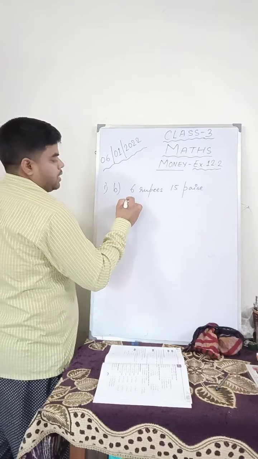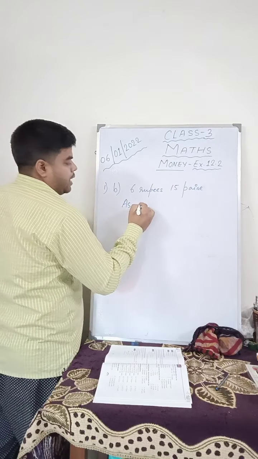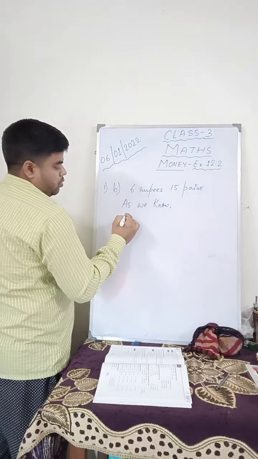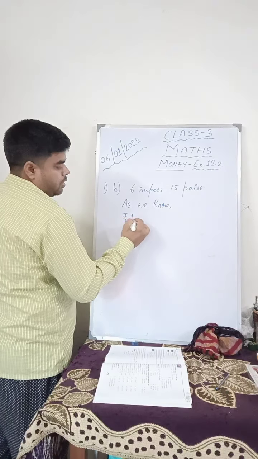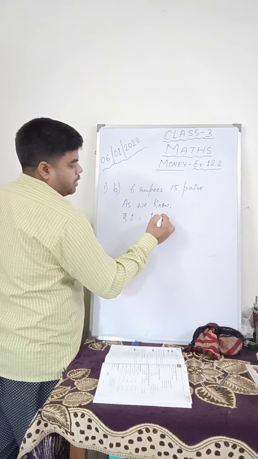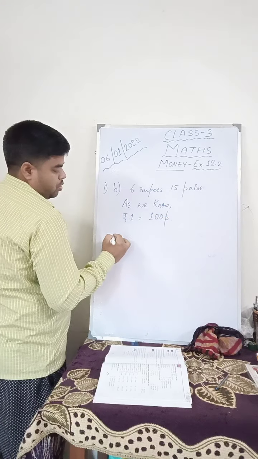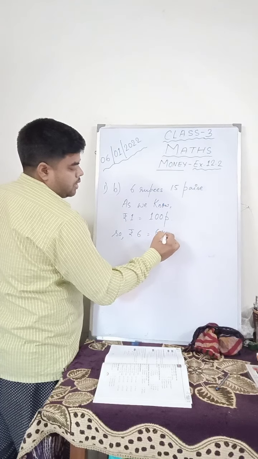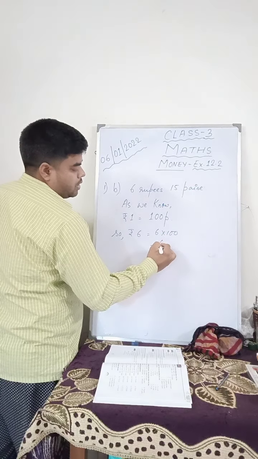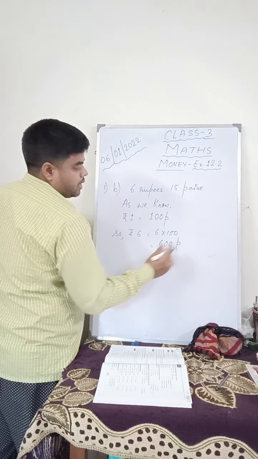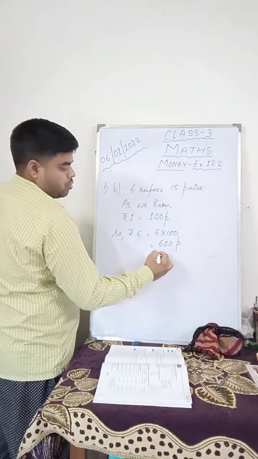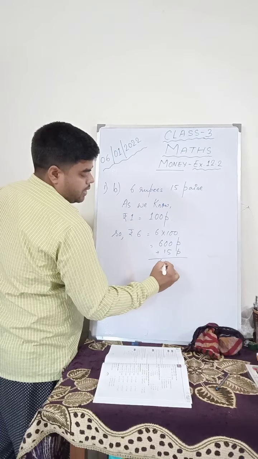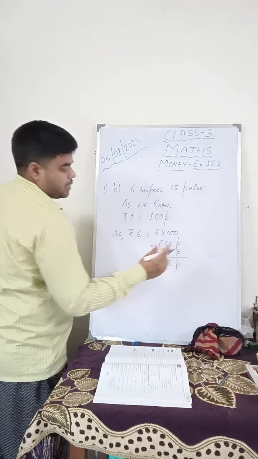So again you will write, as you have done in the measurement chapter, as we know, rupee 1 is equal to 100 paisa. So rupees 6 is equal to 6 into 100, that is equal to 600 paisa, and 15 paisa is there, so you will add 600 and 15 paisa and it will be 615 paisa.